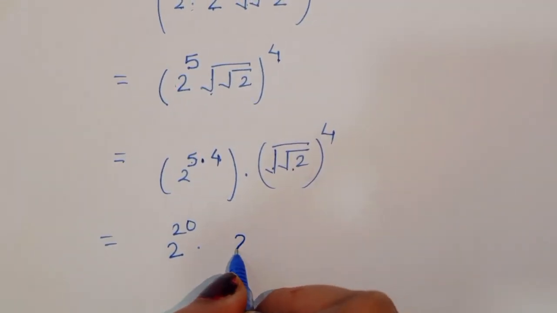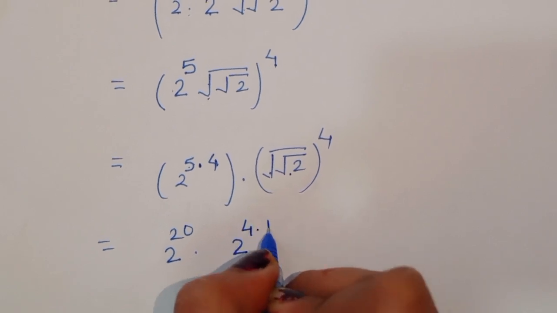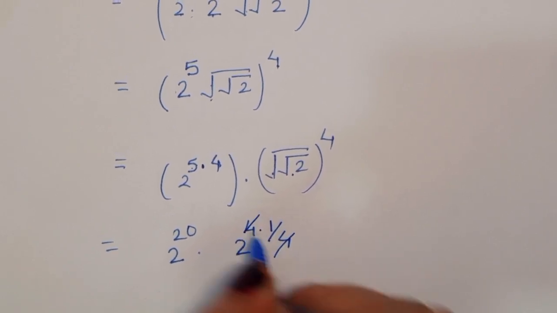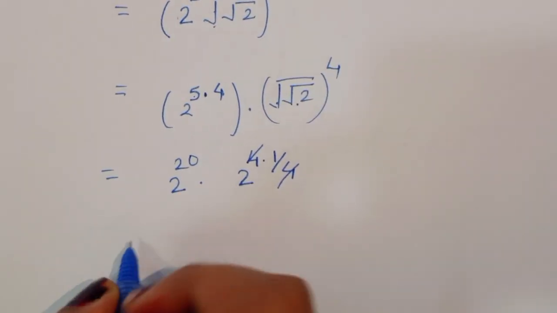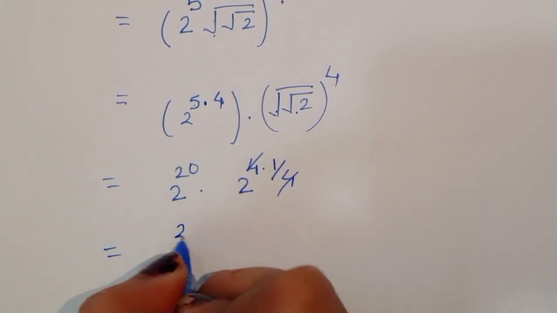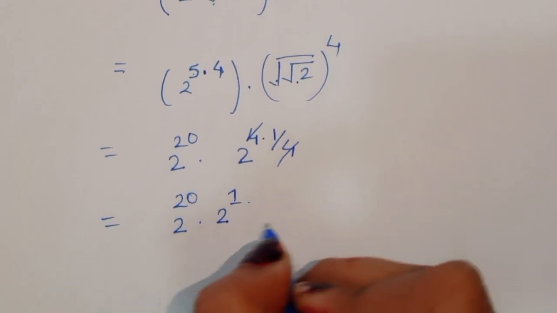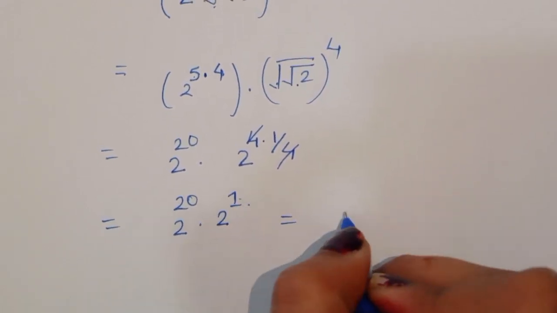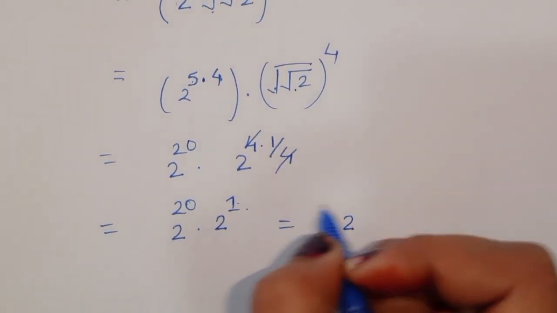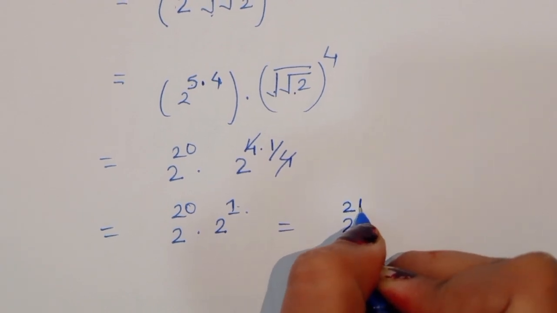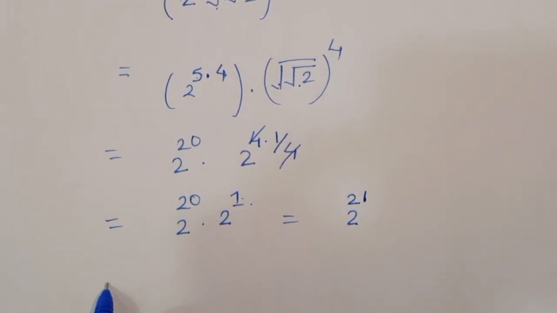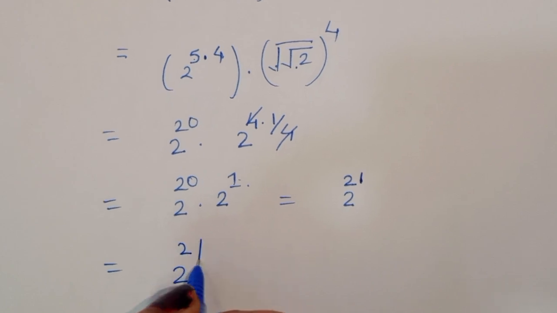So we can write this 2 power 4 times 1 by 4. This 4 will cancel from here. So we got 2 power 20 times 2 power 1, right, and again when we add, 2 power 20 plus 1, that is 21, 2 power 21, right? So this is the solution, 2 power 21.